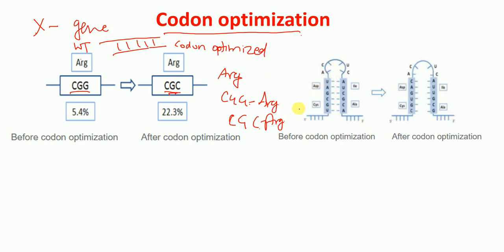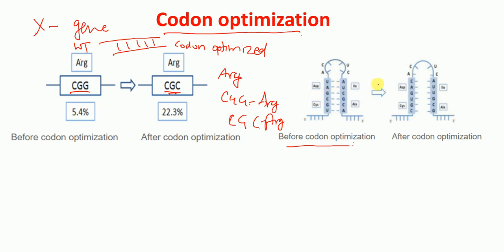And now another thing that happens during codon optimization. This is before codon optimization. We have the structure of the mRNA, which is a stem loop structure, and here we have a CGG codon, right?